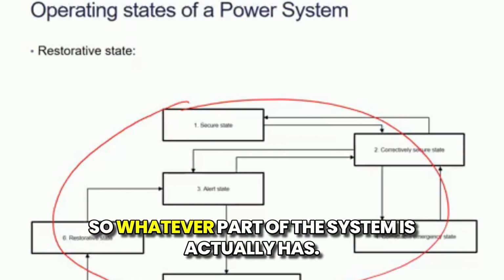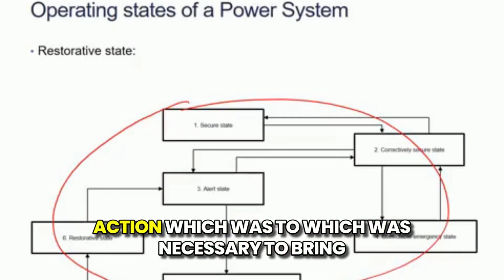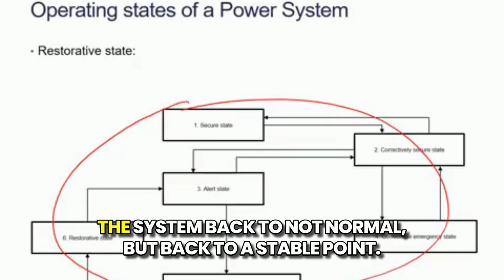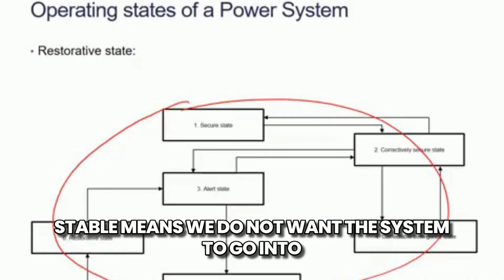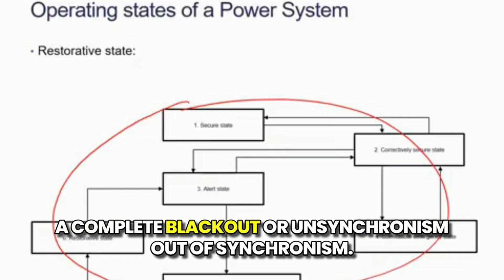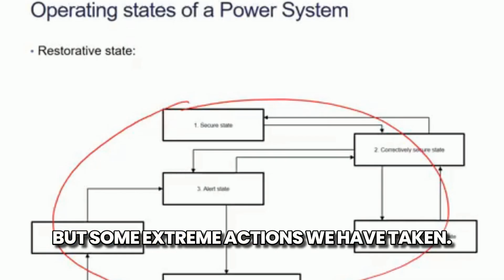So whatever part of the system has a fault, or because of the fault we went for some action which was necessary to bring the system back, not to normal but to a stable point. Stable and normal are different. Stable means we do not want the system to go into a complete blackout or out of synchronism.